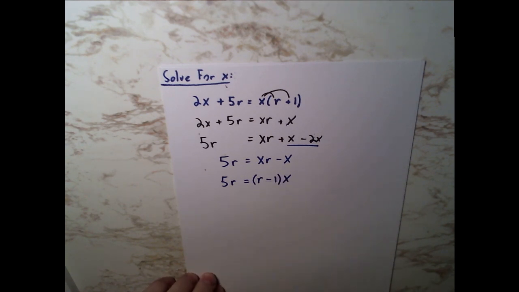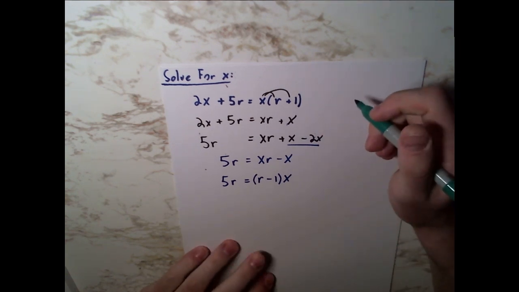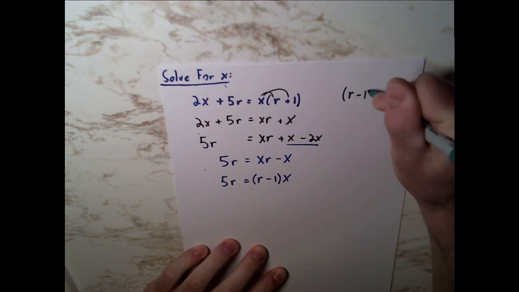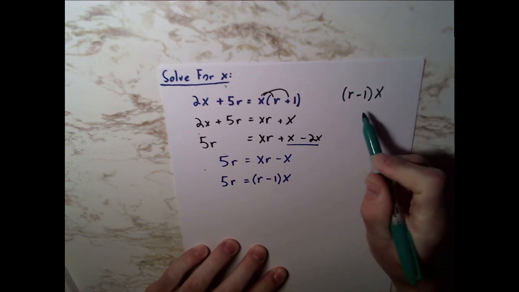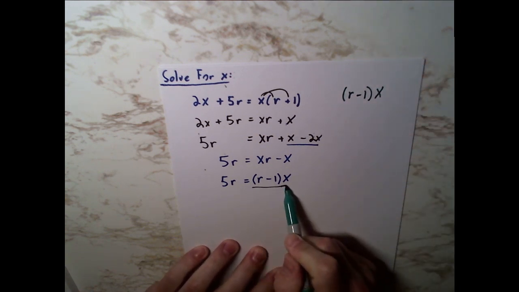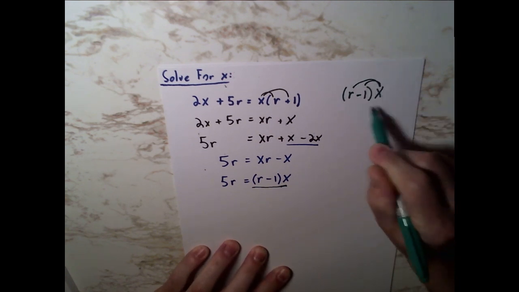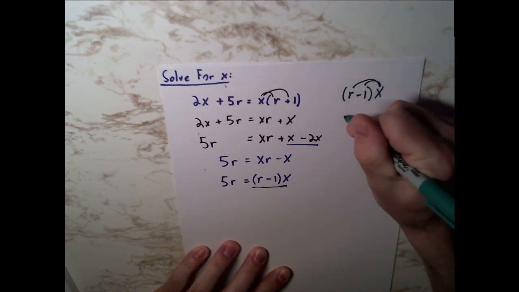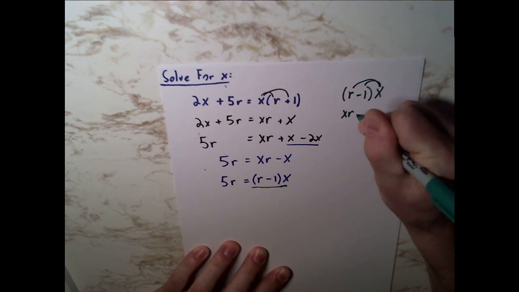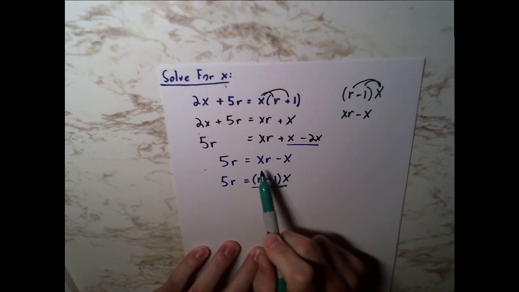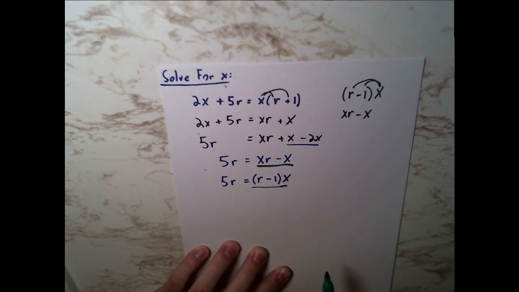If this is your first time seeing this, it might be a little bit confusing, but I'll try to explain. I'm going to write up here r minus 1 with the x outside. So this is what we have down here. Now if we distribute this x back into this parentheses here, we end up with xr minus x. And xr minus x is what we have right here.